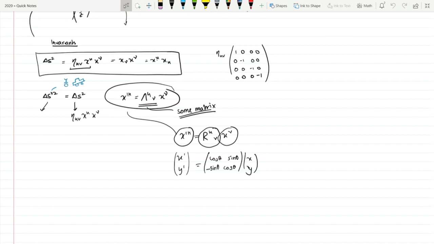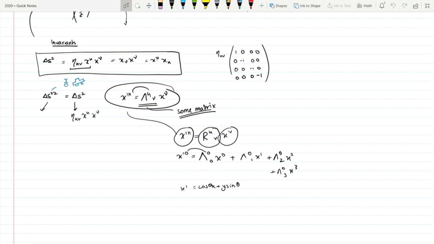Just like how x prime would be cos theta times x plus y sine theta, for example, this new law that I have here tells me x prime naught is equal to, remember, this is my u. So if I put this in, I have, right? Does everyone see this?